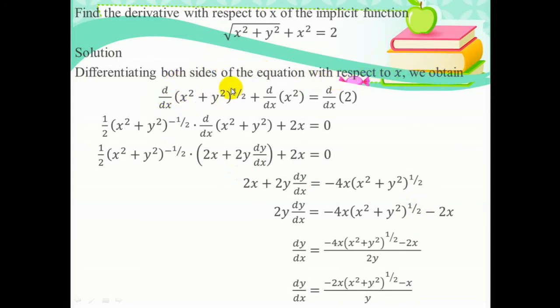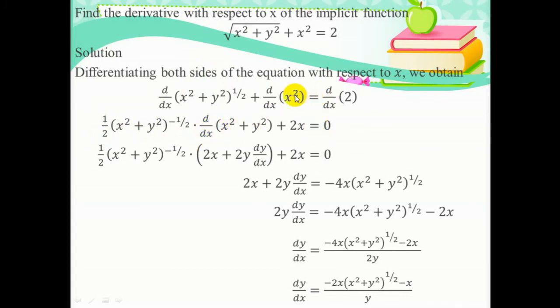Okay, in here you need to differentiate both sides of the equation with respect to x. Because y is the function, (x squared plus y squared) to the power half, so d over dx of it is 1 over 2 times (x squared plus y squared) to the power minus half, times d over dx of (x squared plus y squared).